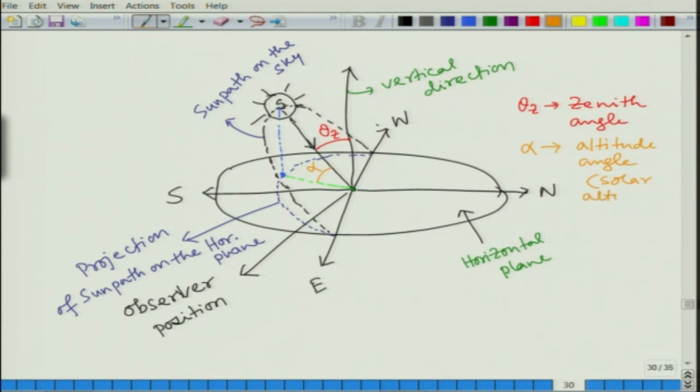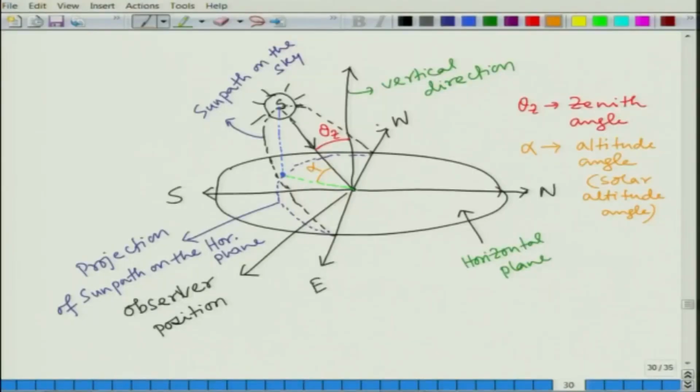Often we omit the term solar. Why is it called altitude? Altitude means height. The observer has to look up by a certain angle to look at the sun, so that is why we call it the altitude angle.